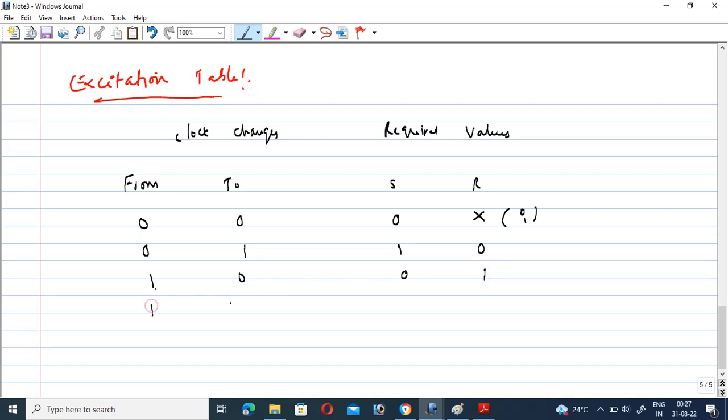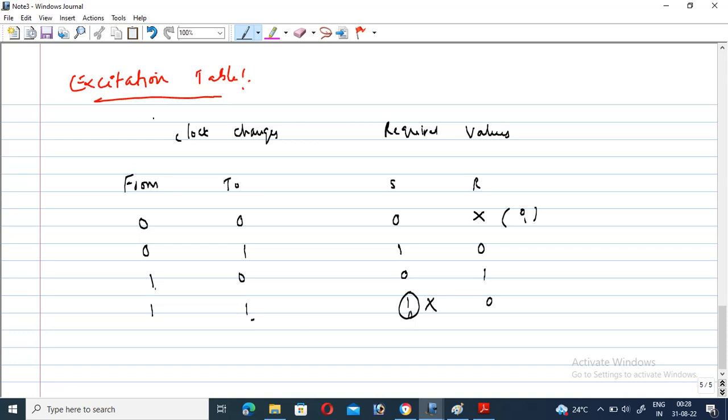In case of 1 to 1, if it is a set condition, it maintains the same value, and if it is 0, it also maintains the same value. Therefore it accepts the two values, so I can replace this with x, that is nothing but a don't care condition. So this is nothing but excitation.